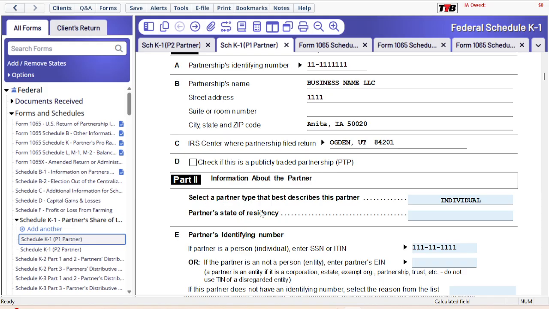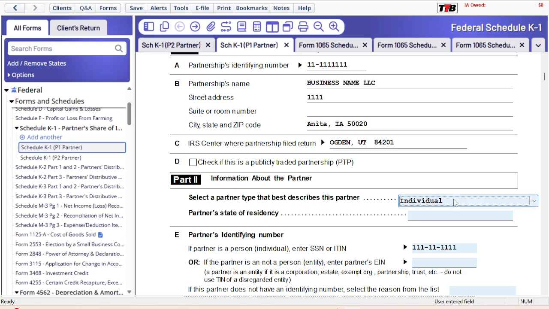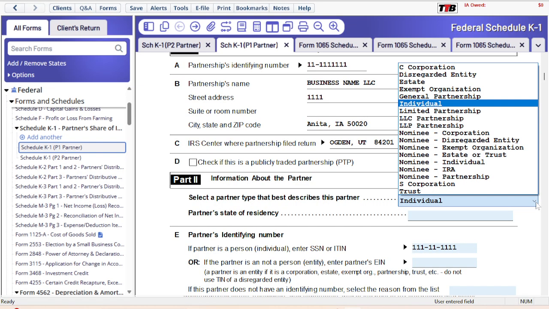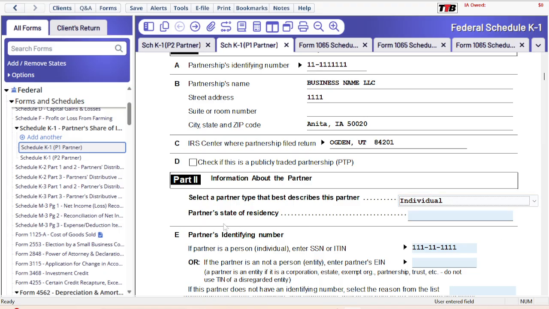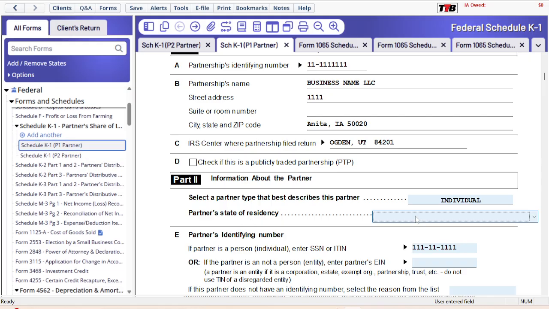Part 2 of schedule K1 is asking to select if this partner is a person or not. This is a person, so it is an individual, but you have options there to choose from. And partner C, residency, is going to be Iowa, so we are going to choose Iowa here.